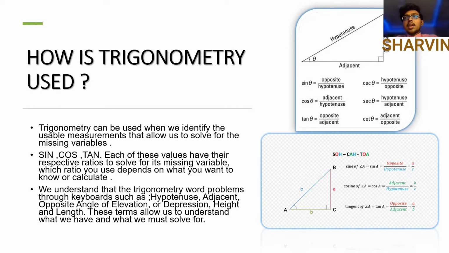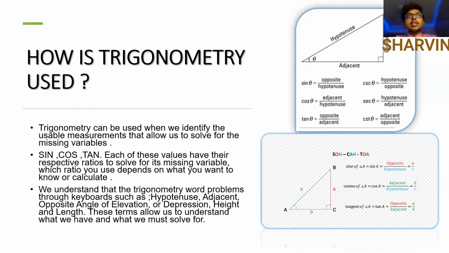Sine equals opposite over hypotenuse, cosine equals adjacent over hypotenuse, and tangent equals opposite over adjacent.